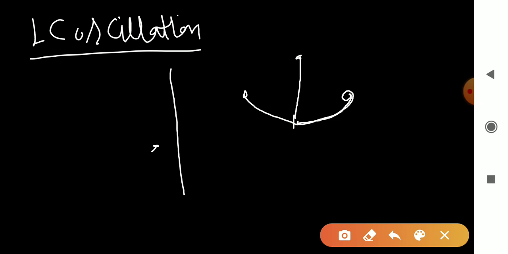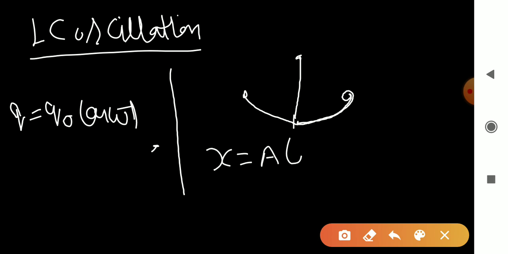The current becomes maximum when the entire energy is stored in the inductor as magnetic energy. Charge oscillates harmonically according to Q equal to Q naught cos omega t, while in the pendulum, displacement of the bob varies according to x equal to a cos omega t, right?